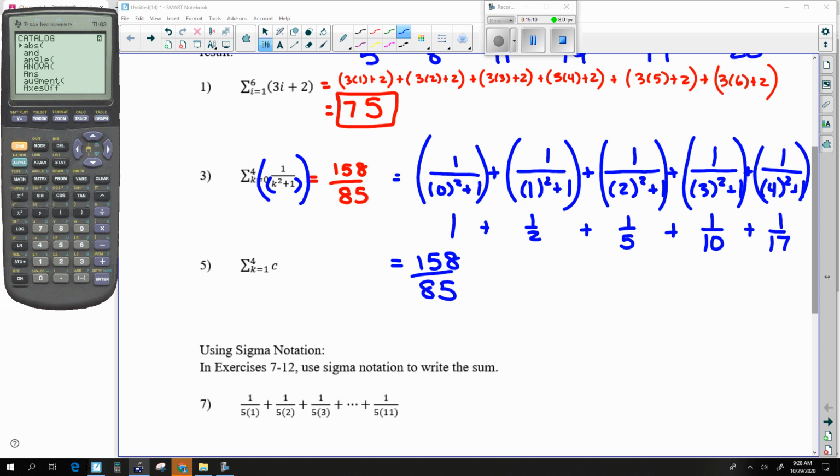I'm taking the catalog, T, up 1, sum, of 1 divided by list 1 squared plus 1. Close that denominator, close the summation. Okay, fraction, math, enter, enter. There it is.